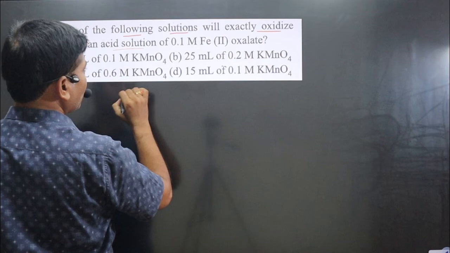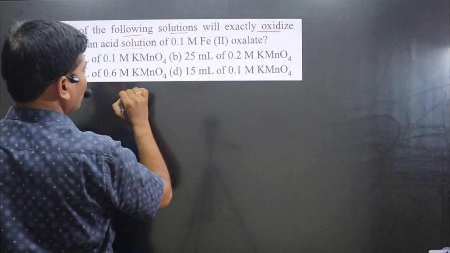Number of milliequivalents is equal to molarity 0.6 multiplied by 25 and multiplied by n factor value 5. 6 times 5 is 30, and with the decimal we get 3, multiplied by 25, and 25 times 3 we are getting 75. We are not getting 7.5, keep in mind, we are getting 75 only. And in case of the salt, the number of milliequivalents is 7.5, which means it is not the same, so the complete oxidation reaction will not take place.